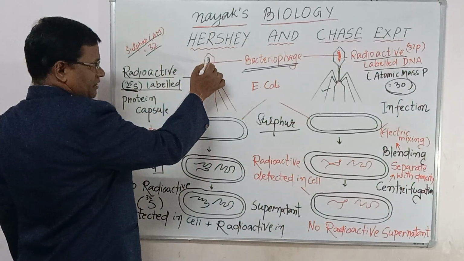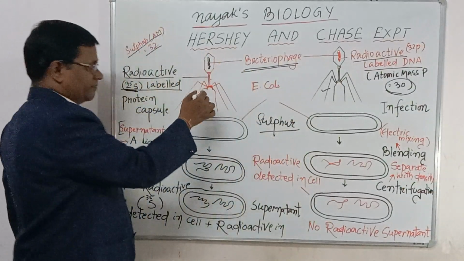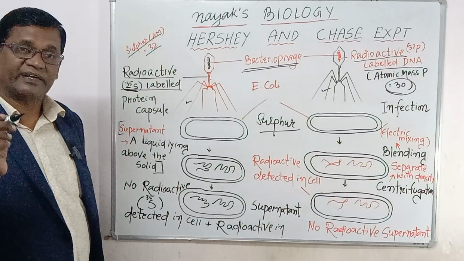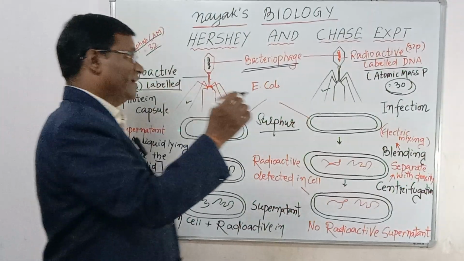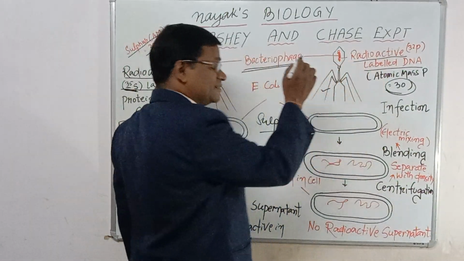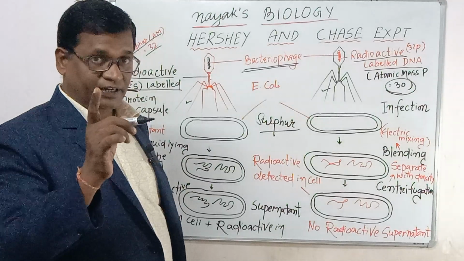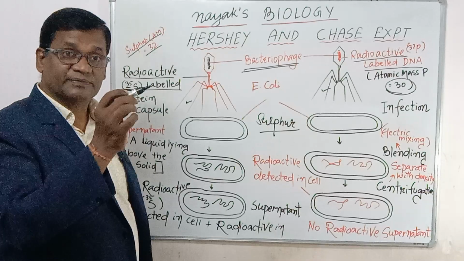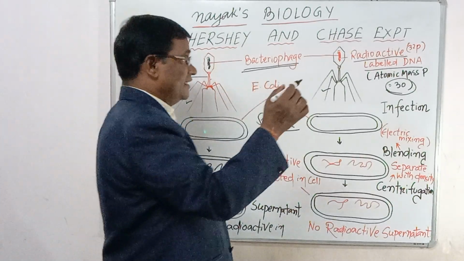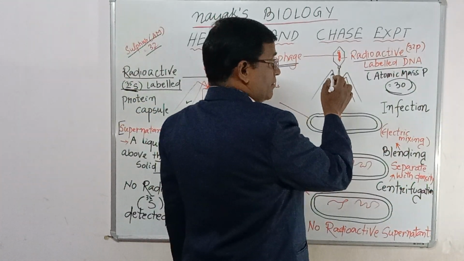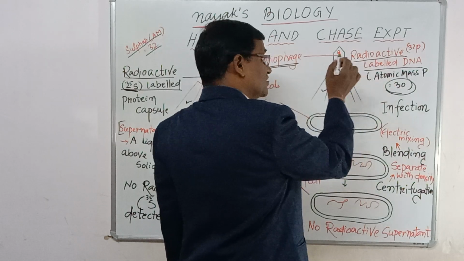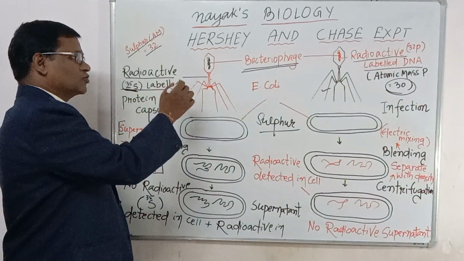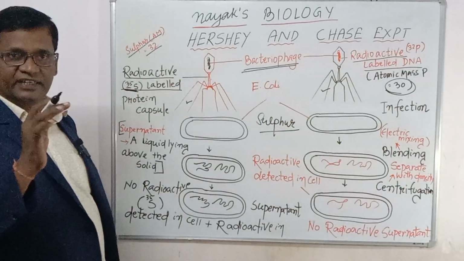Only one part is nucleic acid, and the rest is made up of proteins. That's why they took radioactive sulfur, because proteins contain sulfur, and they took phosphorus because DNA contains phosphorus, to make it radioactive. Don't forget this.